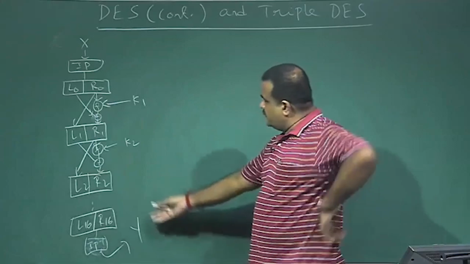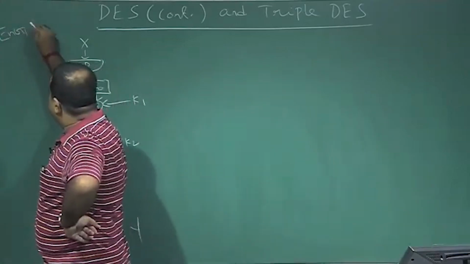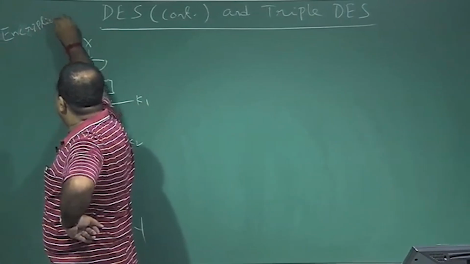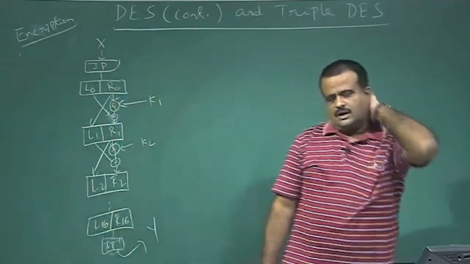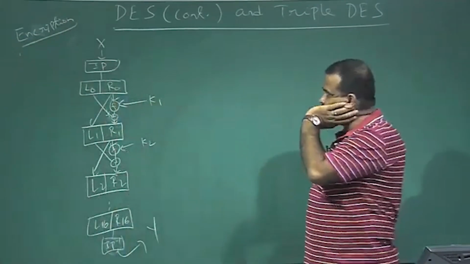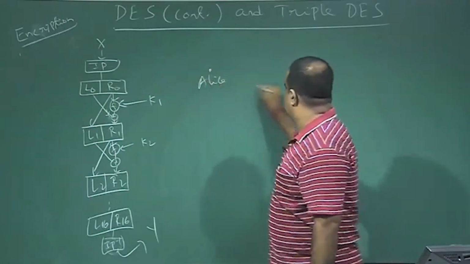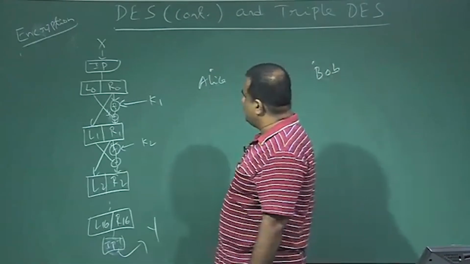So this is the encryption of DES. Now the question is how Bob deciphers it. So Alice and Bob. Alice wants to send a message to Bob.